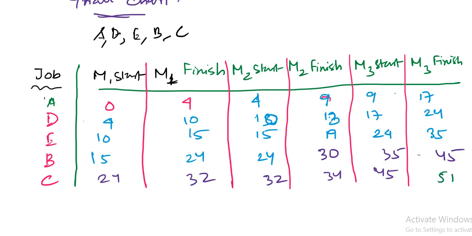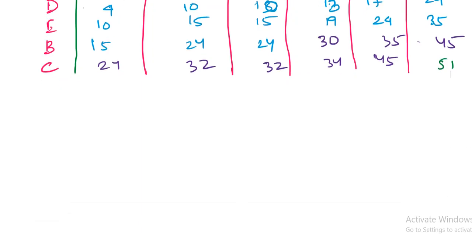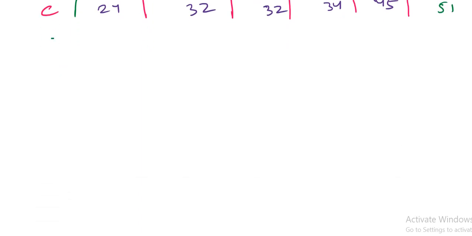So what are the idle times? The idle time for machine M1: for job A it is 0 hours.